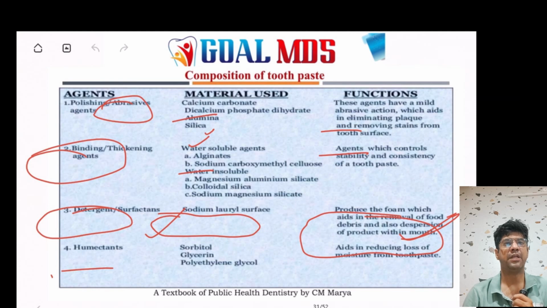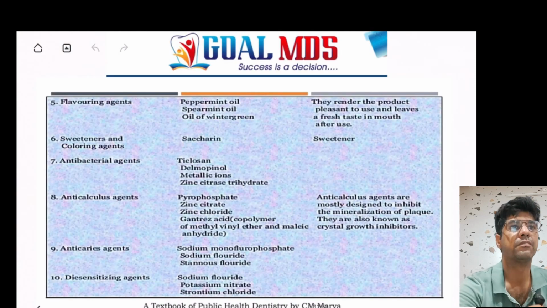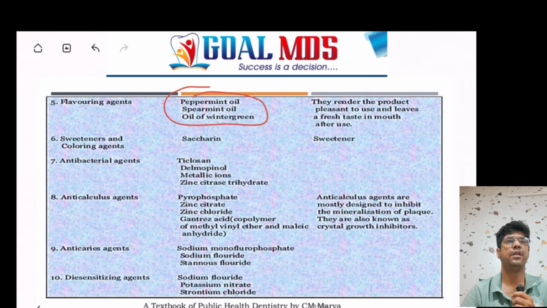That aids in reducing loss of moisture from the toothpaste. Flavoring agents include peppermint oil, spearmint oil. They give a pleasant flavor, a fresh taste in the mouth after the use.